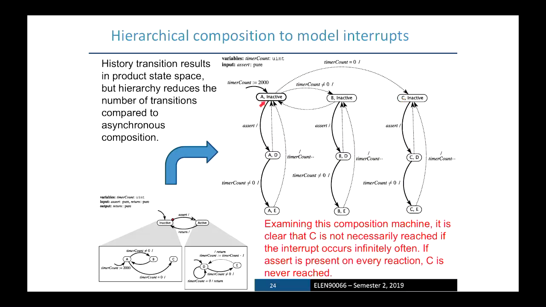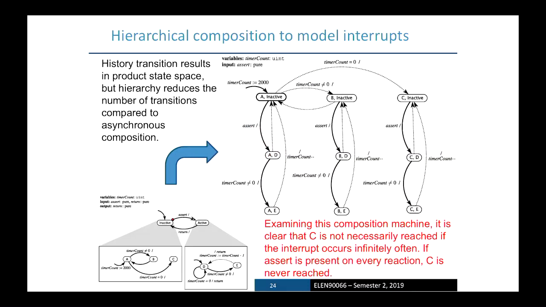Why? Because this branch is taken pretty much every time, bang, bang, bang, bang, or these branches here. This is a default transition. So if this guard is evaluated to true, it takes precedence over any default transitions.